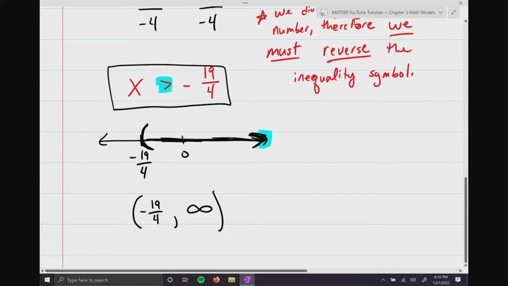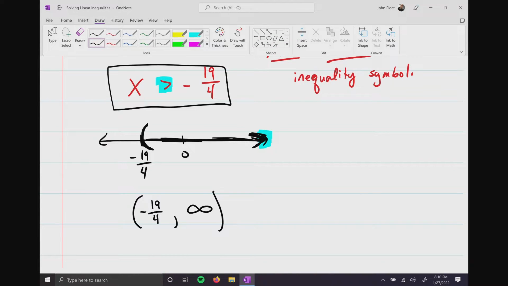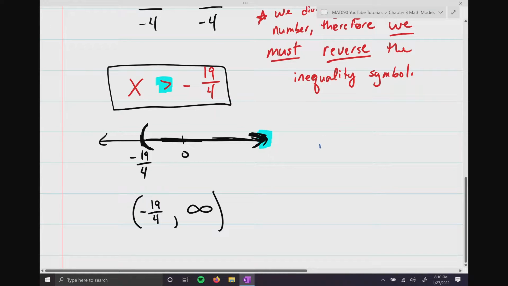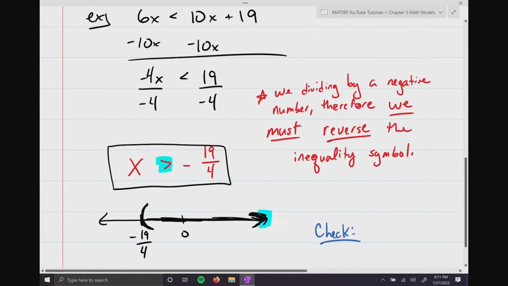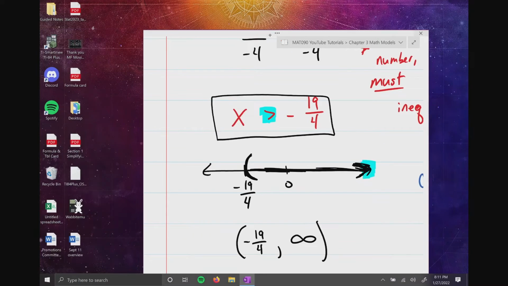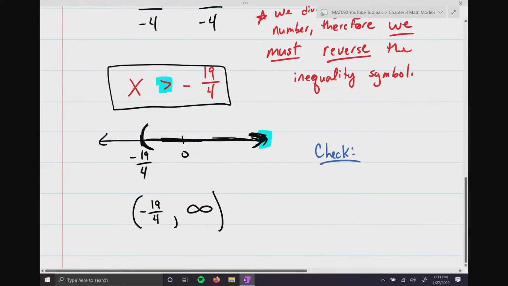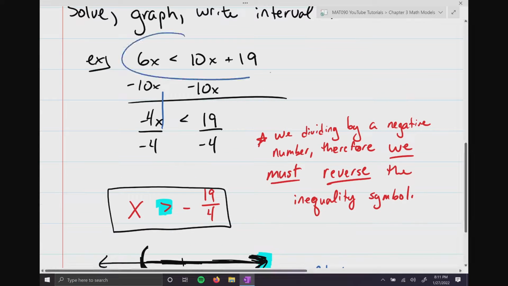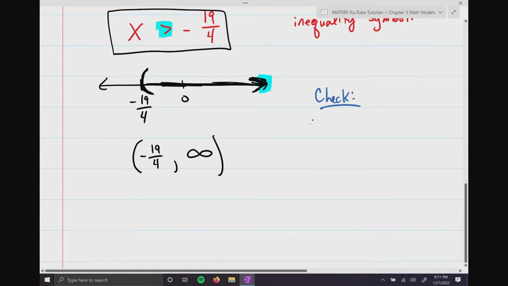Now, an easy way to check ourselves to make sure that our solution is correct is to pick a number within the shaded region, or within our interval, and substitute it back into the original inequality. Let me write the original inequality first: 6x is less than 10x plus 19.